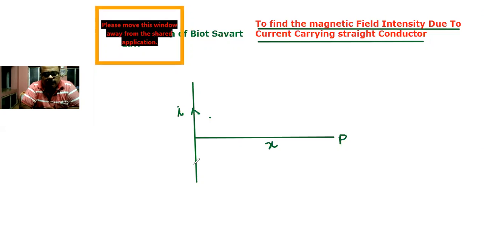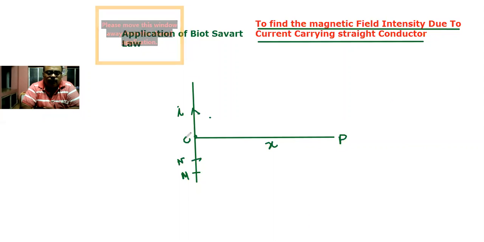First of all, I take a small strip, or a current element, over here, and let the current element be MN. And this point I take as O. I have taken this point N at a distance of L from here.